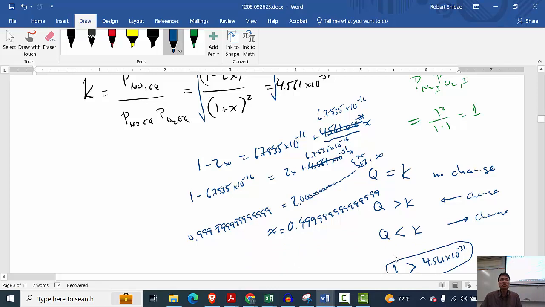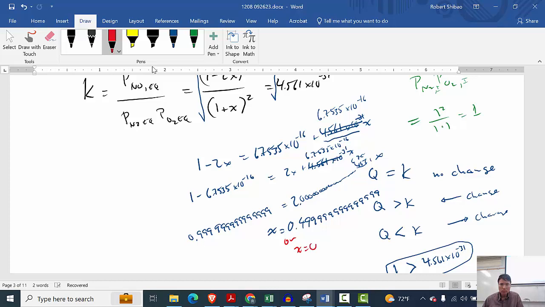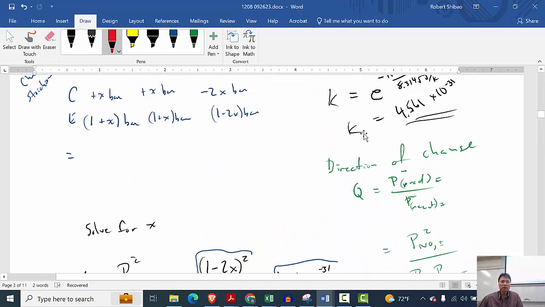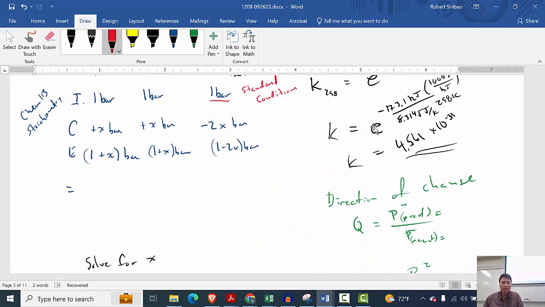So did you guys get the answer? Same answer? Yes. We got x equals 0.5. You got x equals 0.5? Is that what everybody got? Well, if x equals 0.5, then let's go ahead and plug that back in here.